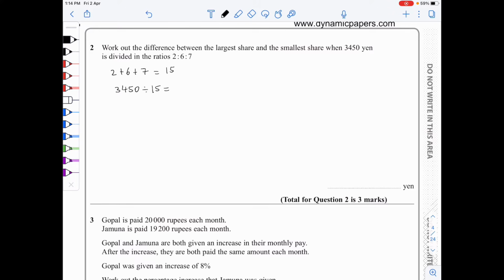So this is giving a result of 230, and then the smallest ratio is 2 and the largest is 7. They have a difference of 5, so 5 times 230 is 1150. So that's the difference between the smallest and the largest share.